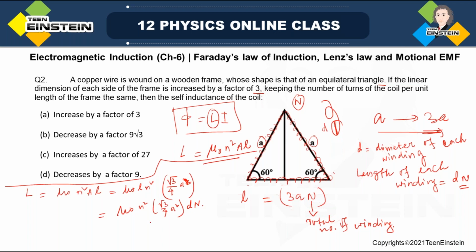What we get from here is that these terms are constant, this length too. L is proportional to a square into N, where d is the diameter and N is the total number of turns.